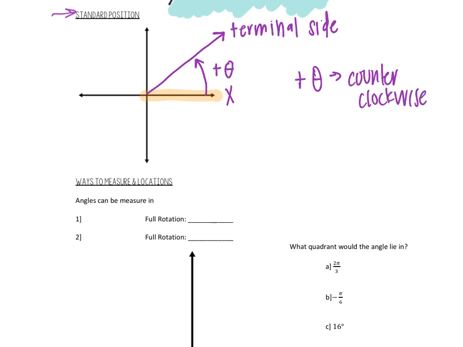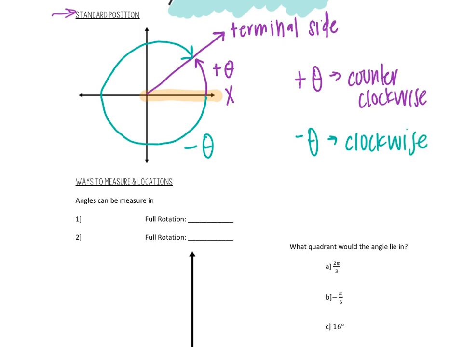If you have a negative angle, like negative 315 degrees, you would start at the same spot and travel in a clockwise direction. That is a negative angle. So we'll be practicing more with that in this bottom section.